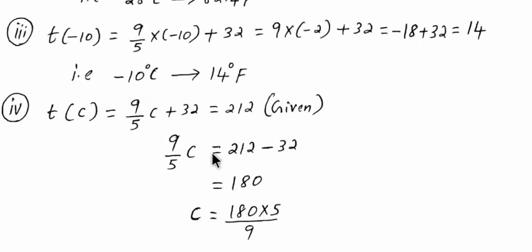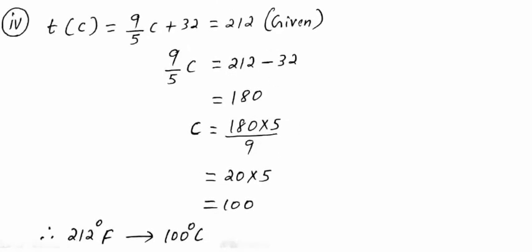9 by 5 C is equal to 212. Take the plus 32 to the right side, it becomes minus 32. Then subtract, we get 180. Then take the by 5 to the right side, it becomes into 5, and the into 9 becomes by 9.